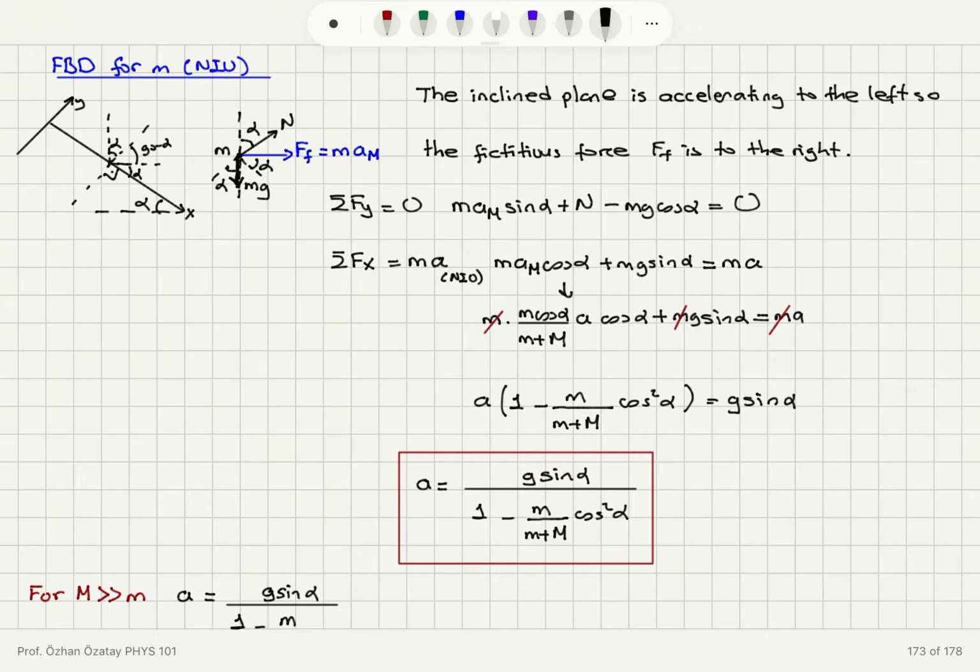It becomes 1 minus m divided by capital M cosine square alpha. When capital M approaches infinity, this is going to become 0, and therefore we will obtain the final answer. The limiting value of this acceleration is g sine alpha.